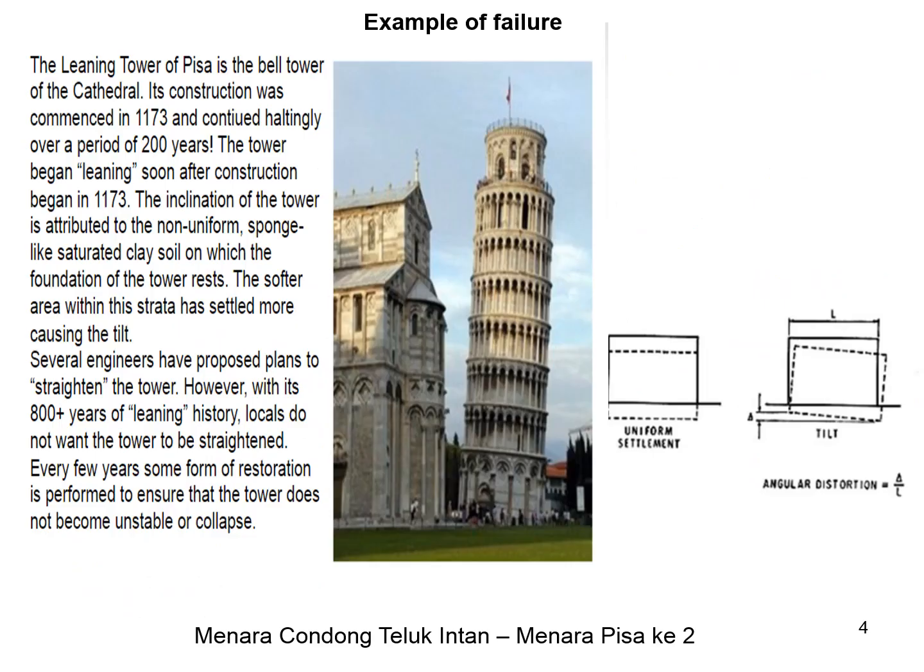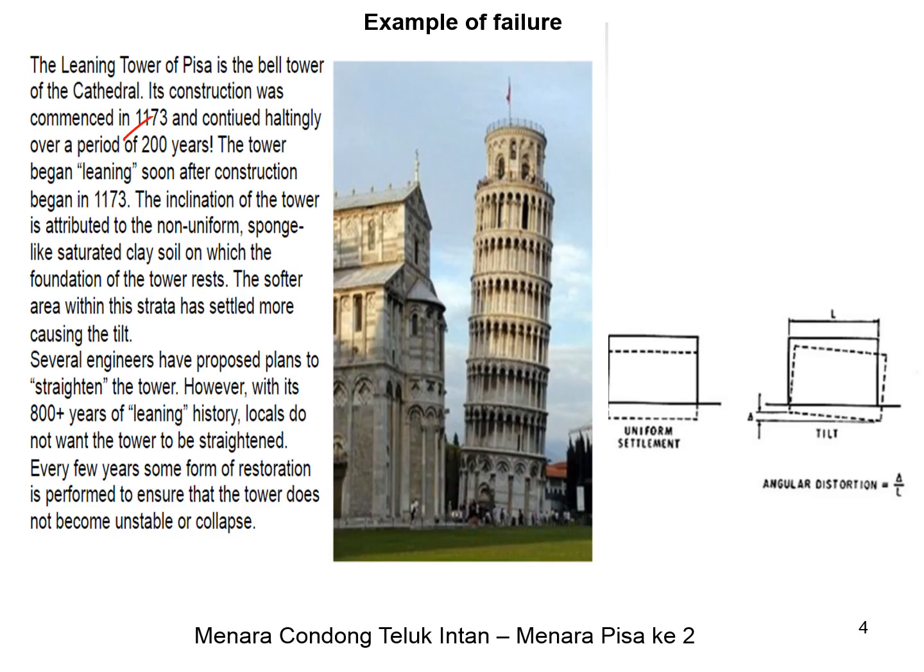This picture shows the Leaning Tower of Pisa. This is an example of failure due to a lack of site investigation information, because this tower was constructed in 1173, and during that time there was a lack of geologists or geological knowledge, and also a lack of available equipment to conduct the site investigations.